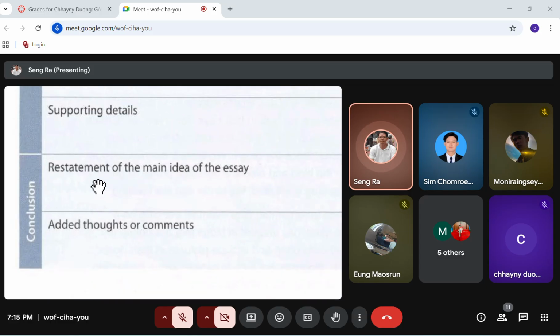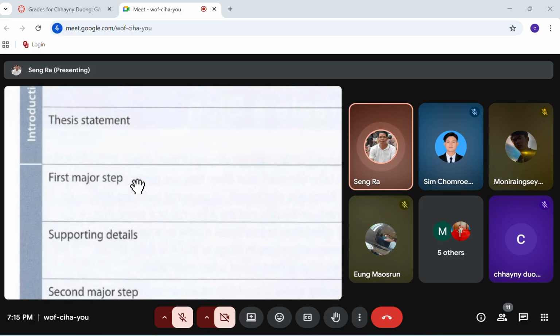In the conclusion, you may restate the main idea of your essay. Maybe you say it again. Possibly you repeat the thesis statement. So I want to reflect to the thesis statement here.